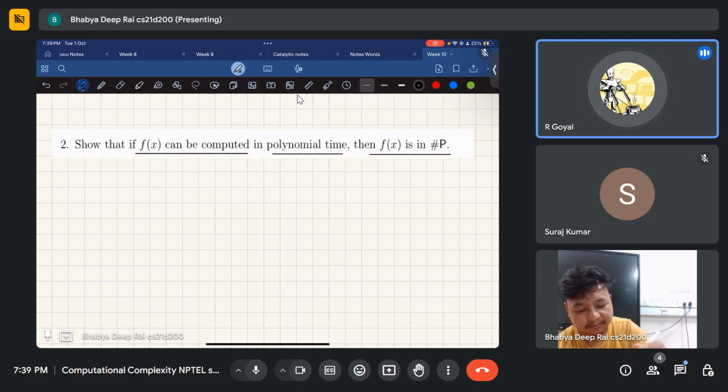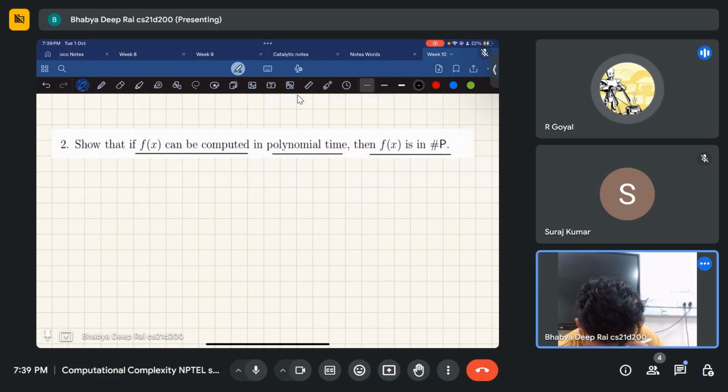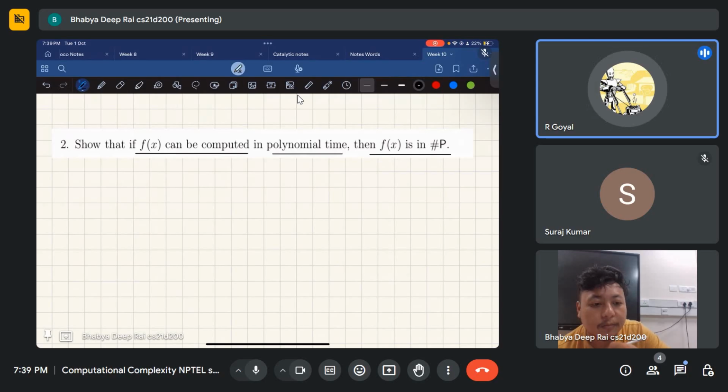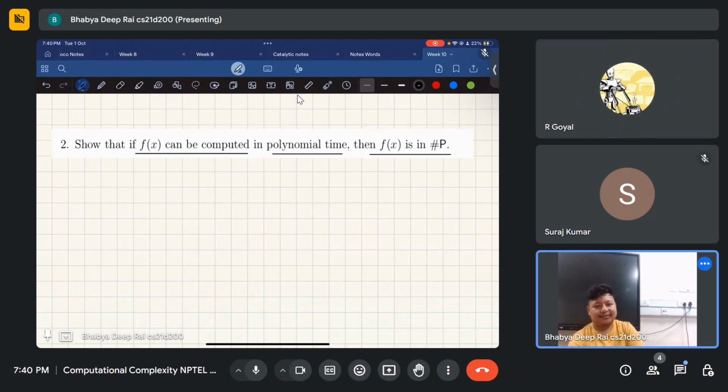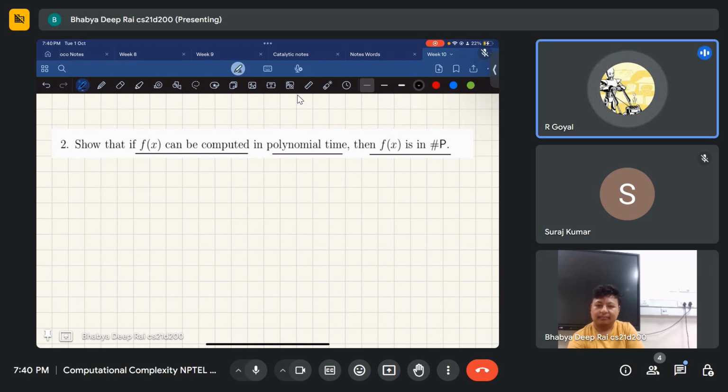We have been given an NP non-deterministic Turing machine, and sharp P means how many verifiable solutions exist, and we can count the verifiable solutions in polynomial time. And that should be exactly f of x.